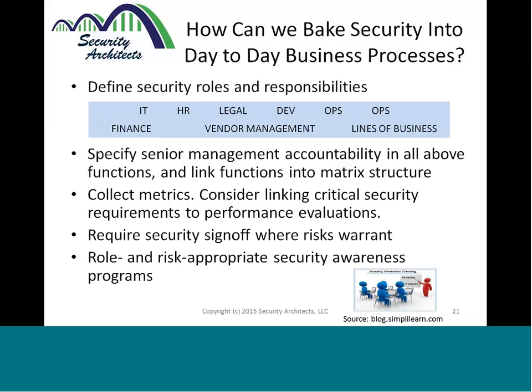You have to specify senior management accountability for the managers of those functions and to link each function into the matrix structure and to collect metrics on how well it's working. Where you know that something is not working well, as a CISO or a risk committee, you could make that something into a key performance indicator.